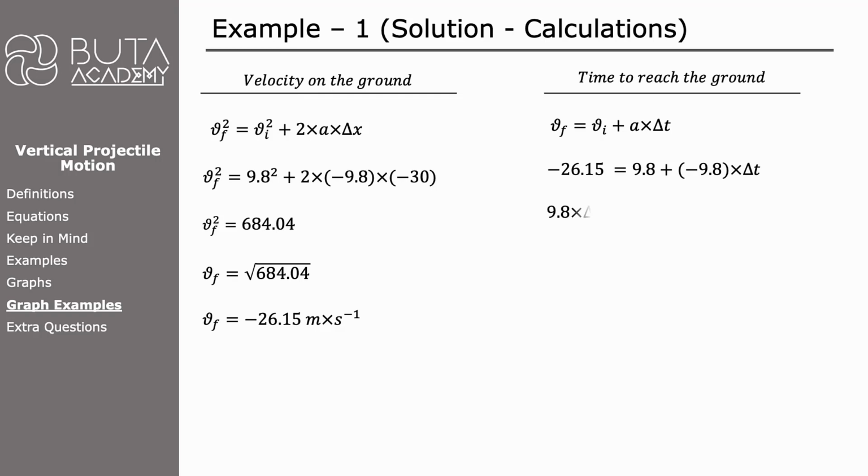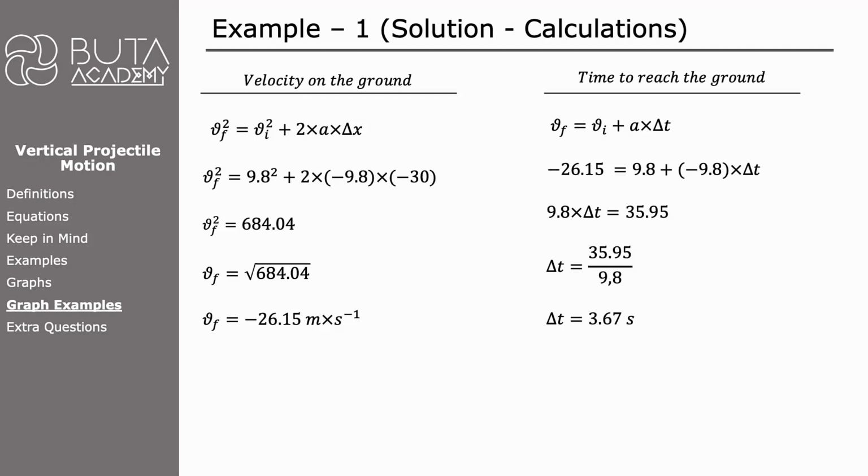After moving minus 9.8 times delta t to the left side of the expression and minus 26.15 to the right side, we get the equation of 9.8 times delta t is equal to 35.95. Time is equal to 35.95 over 9.8, which is equal to 3.67 seconds.